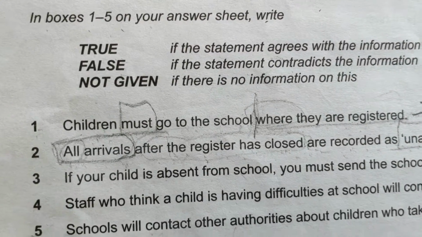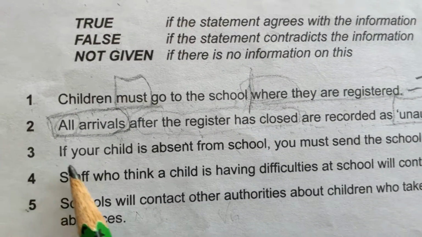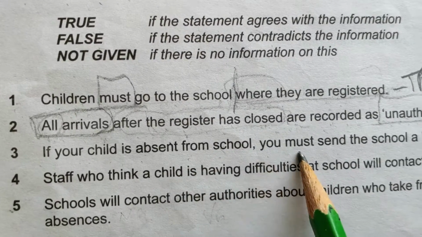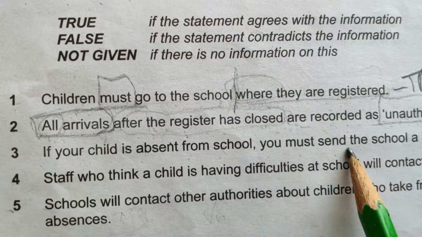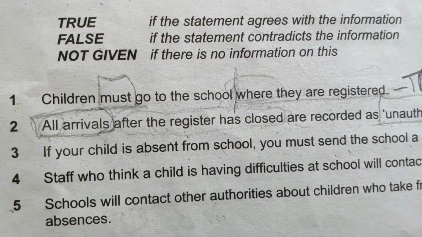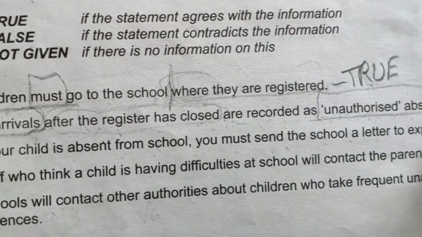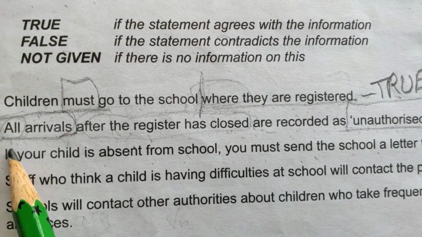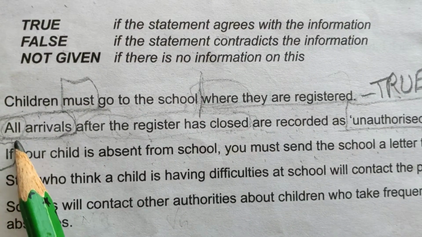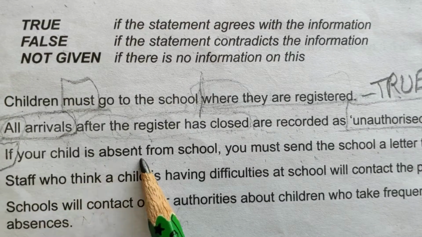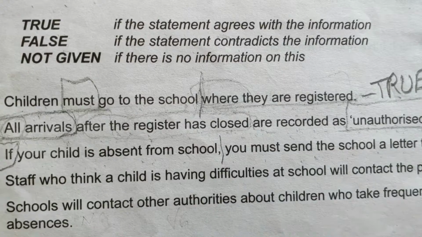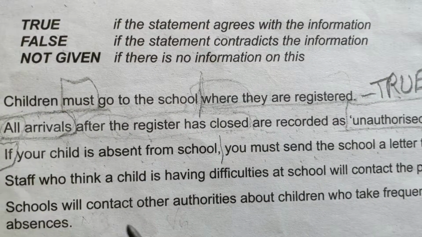Okay. Question 3. If your child is absent from school, you must send the school a letter to explain why. Now look at the word if. Your child is absent from school. Okay, we will divide the statement into 3 parts or 2 parts.